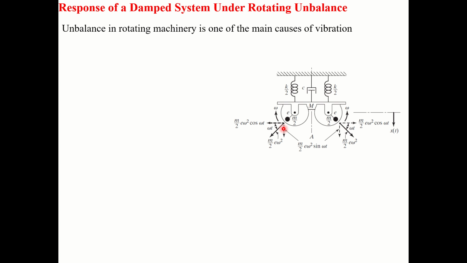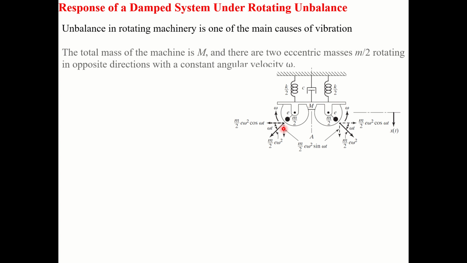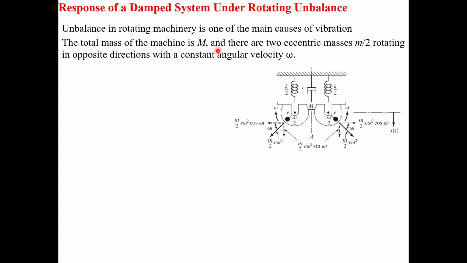Now we'll see what it is. The total mass of the machine is m, and there are two eccentric masses, m1 and m2, rotating in opposite directions with a constant angular velocity omega. One is rotating this way, another is rotating this way.